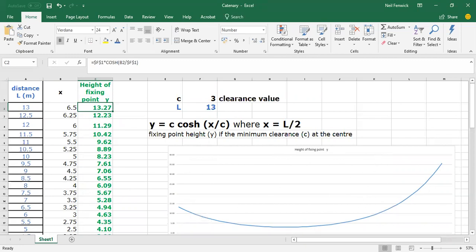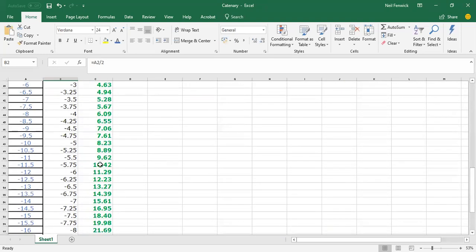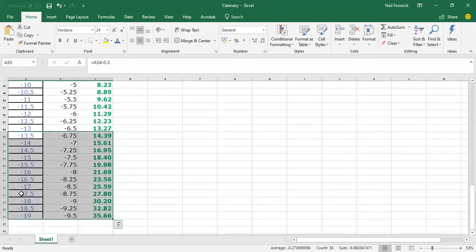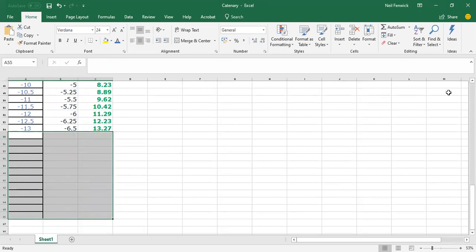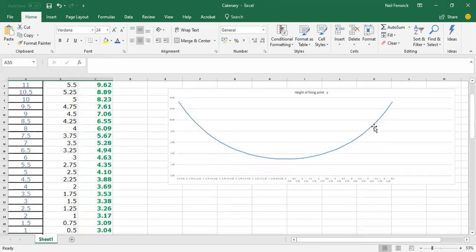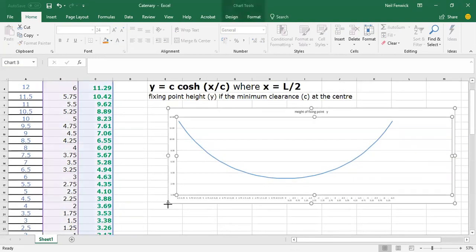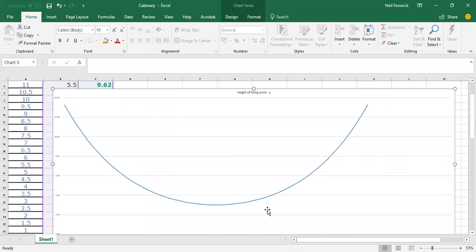So what we have to do manually: we start here at 30 meters, starting then at plus 6.5 meters in the positive x direction. What we need to adjust is to take out these values from the recommended chart manually so that we balance it up, and then the graph will adjust itself so that it's got identical fixing points.